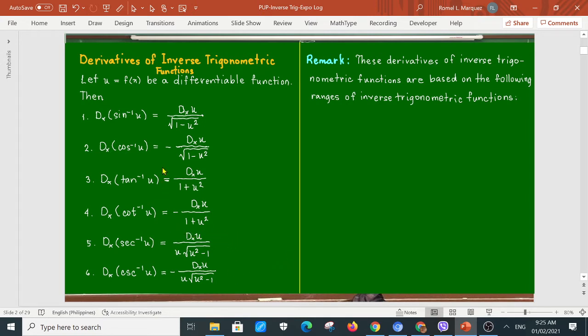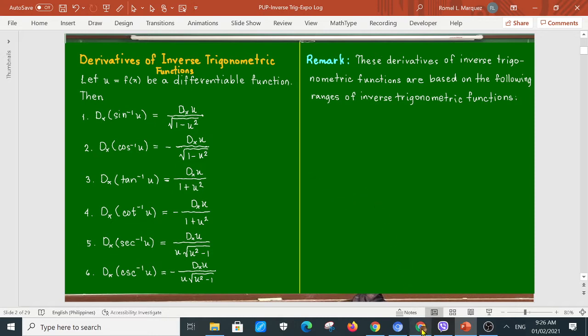So again, this is to remind you that u here is in radian measure, or if you think of it as the directed length of an arc of a unit circle, then u here is a real number.